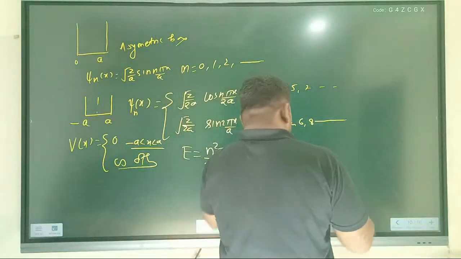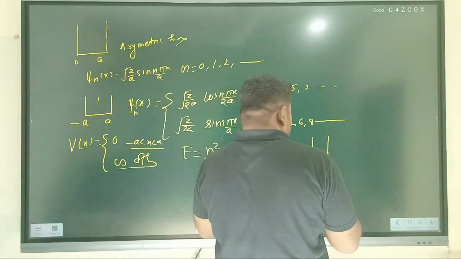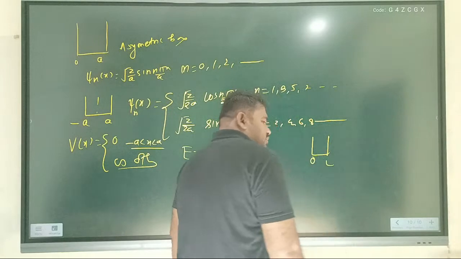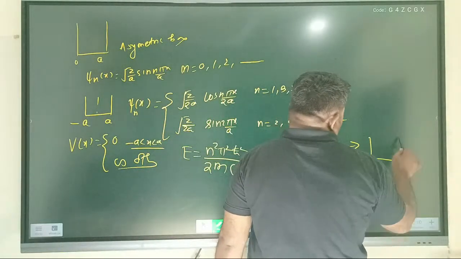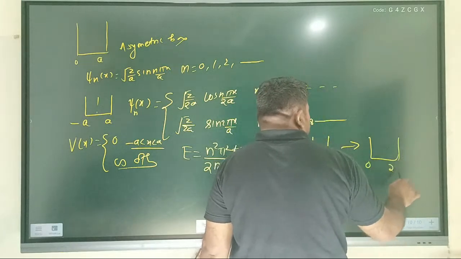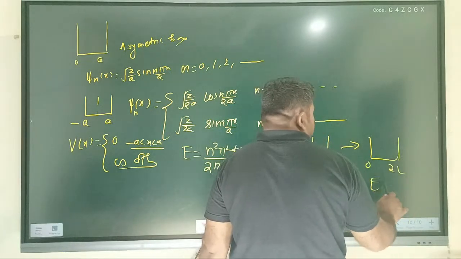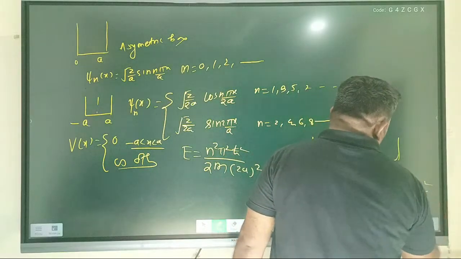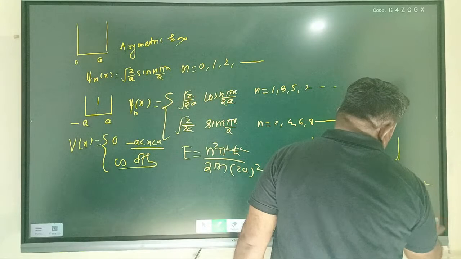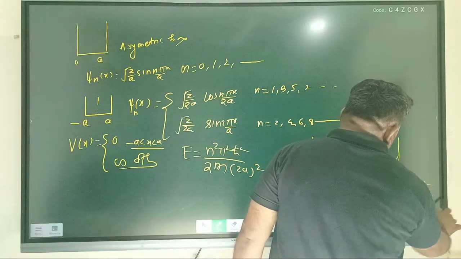Suppose box width is increased. What happens in energy? Suppose 0 to L box length. Suppose this box length is doubled, then what happens in energy? 0 to 2L suppose. Then energy will become n square pi square h cross square upon 2m into (2L) bracket square.